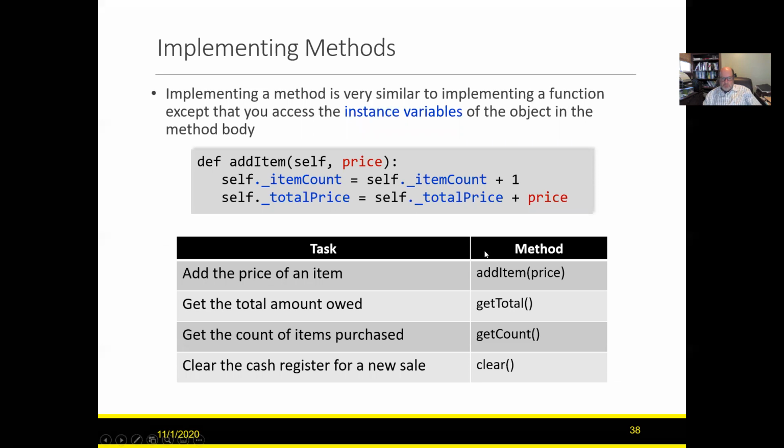So this is the part that we're going to be working on this week. We're going to be working on how to implement our methods. We start with the task. We talk about what method is going to carry out this task. We're going to say what variables we need for this, and then we're going to implement our methods.